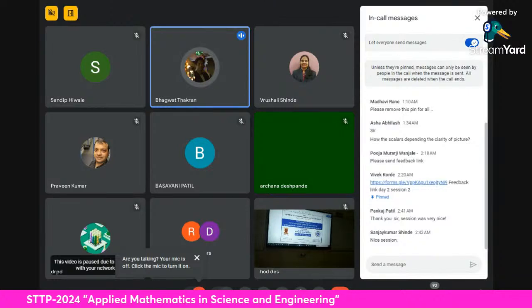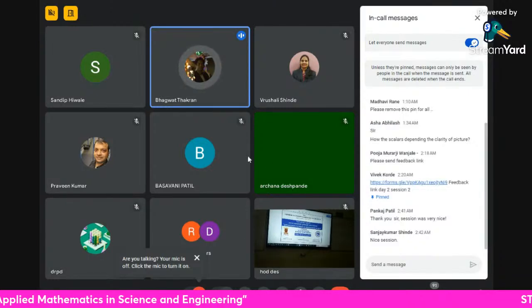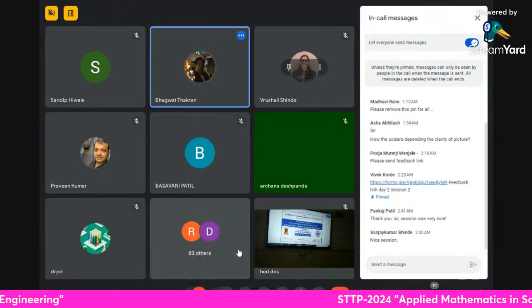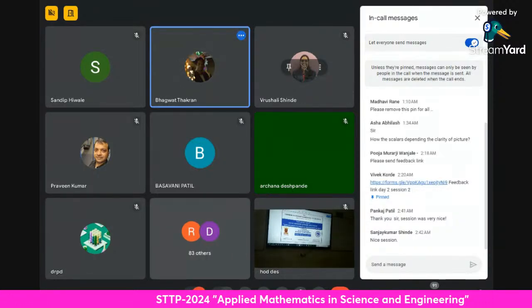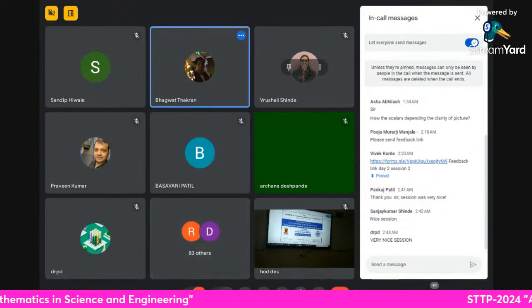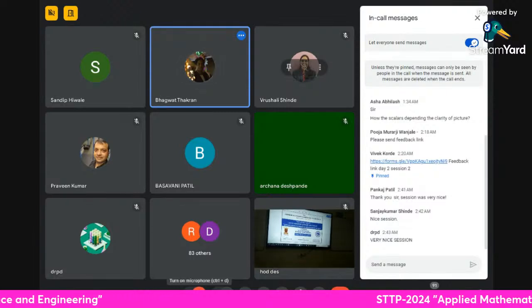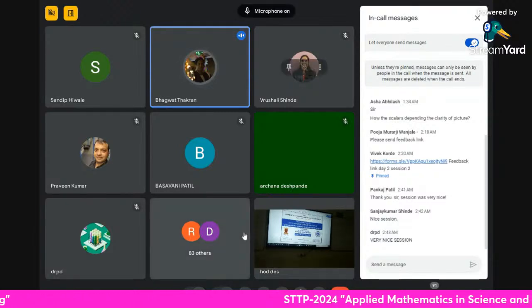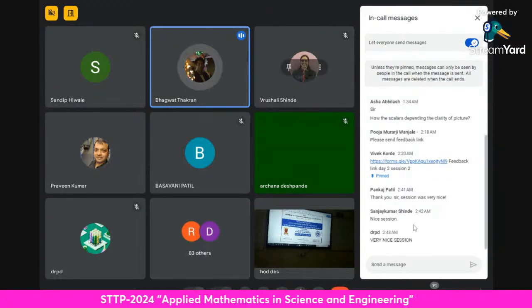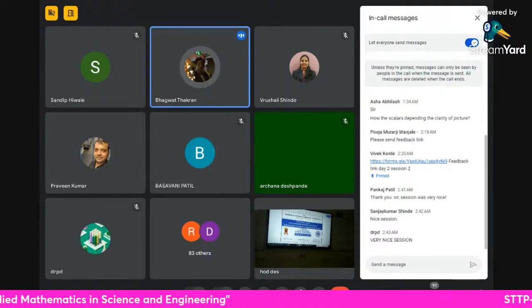If we combine these two pictures, then the resultant will be the picture as we have seen. I hope the idea is clear. The scalars depend on the clarity, because the scalars decide, and we multiply them with the elements of the matrix of the image.